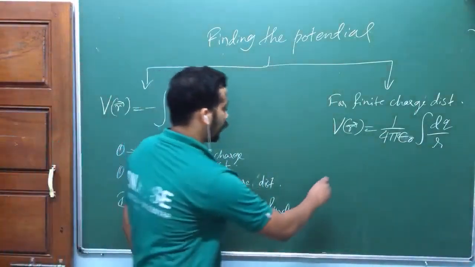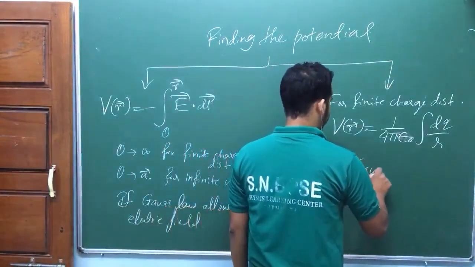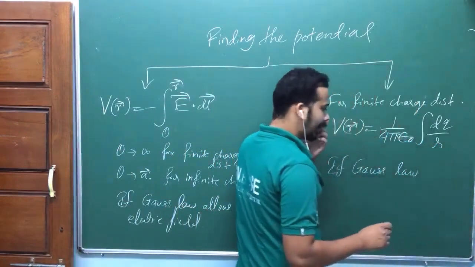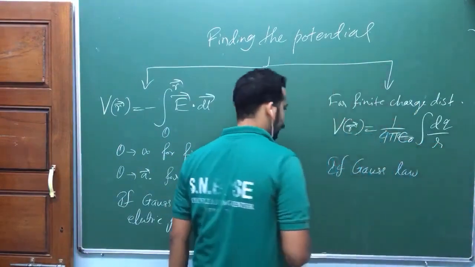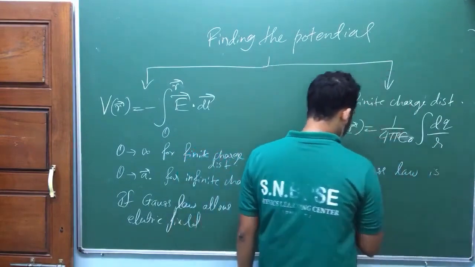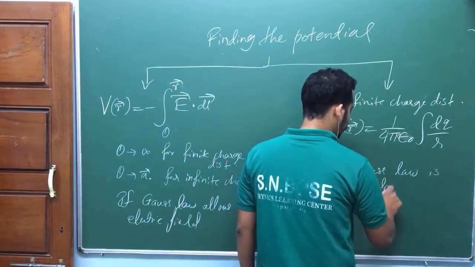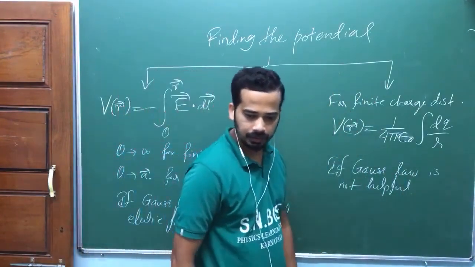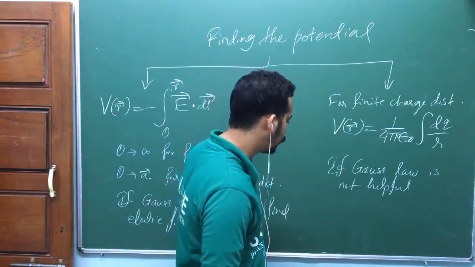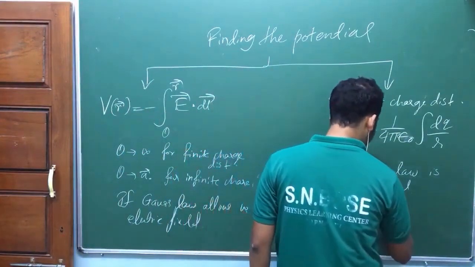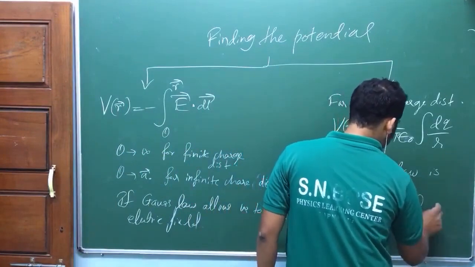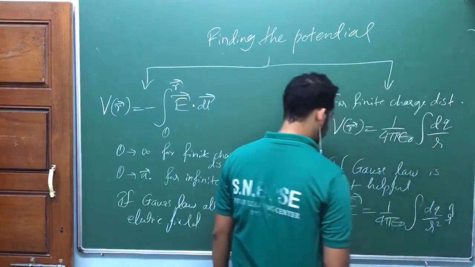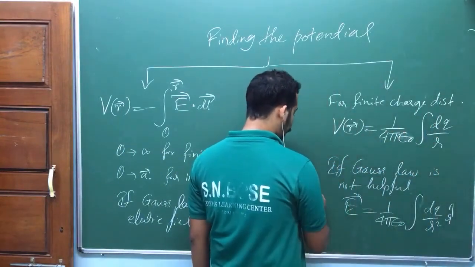So, if Gauss law is not helping to find the electric field, as in the case of a rod or a disc, and you need to find the electric field like this, 1 by 4 pi epsilon naught integral of dq divided by r square into r cap, am I right?